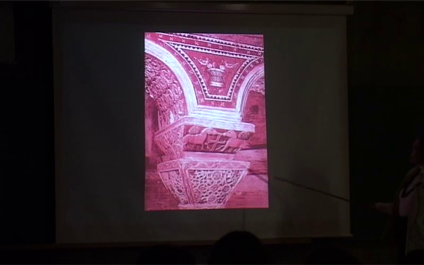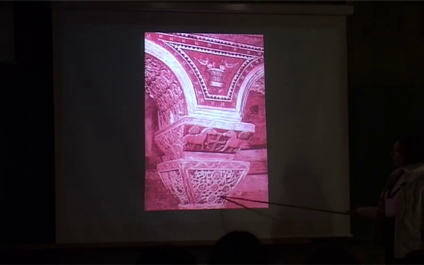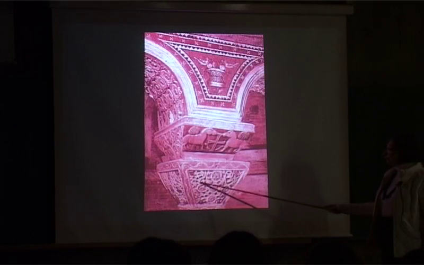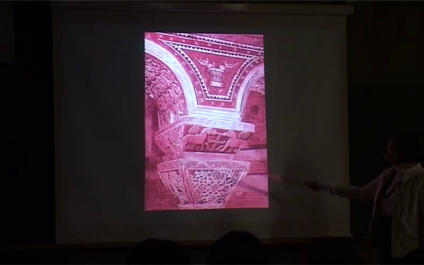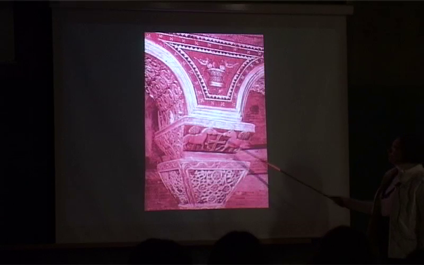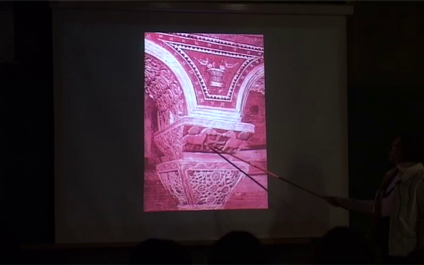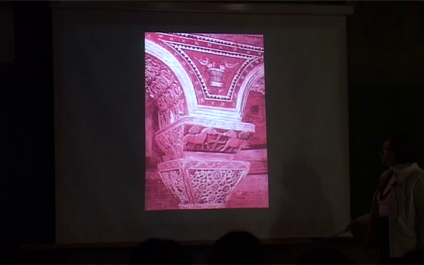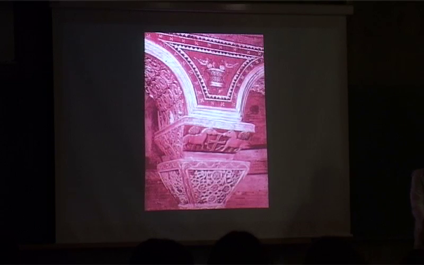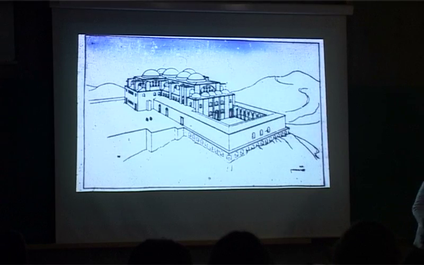They are rather block-like, and on them they have these lace-like figures carved, often with Christian symbols, and they also create different accents within the church, richly decorated with mosaics.